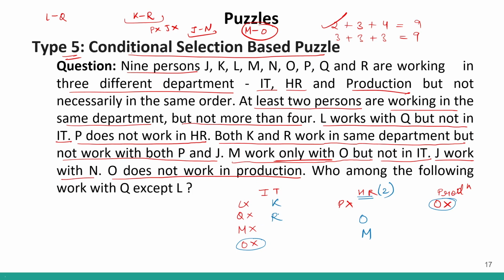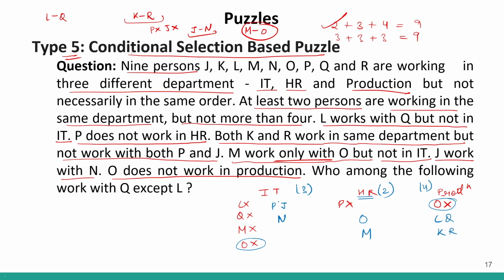Now, over here we can have P, J and N, and we can have L, Q, K, R over here because we need 3 people over here and 4 people over here.